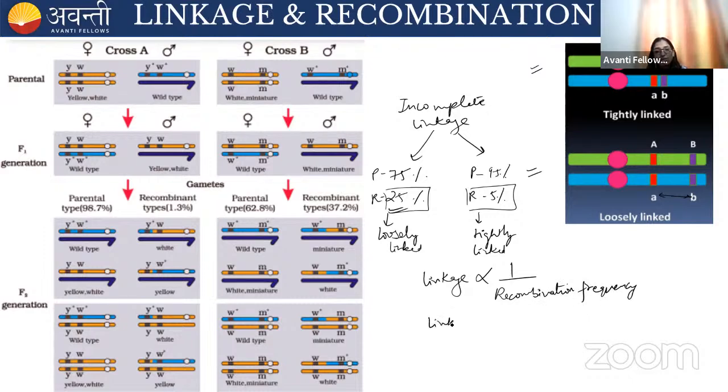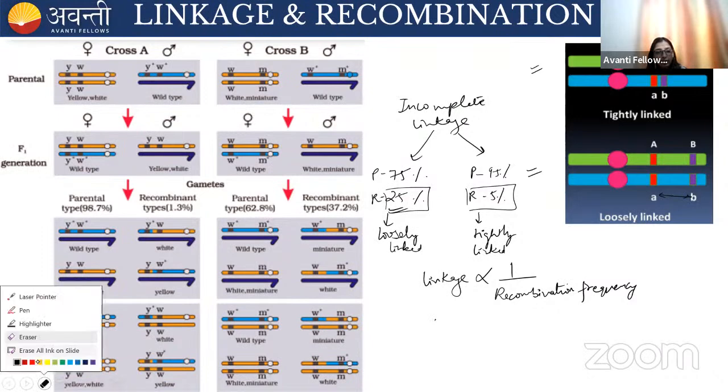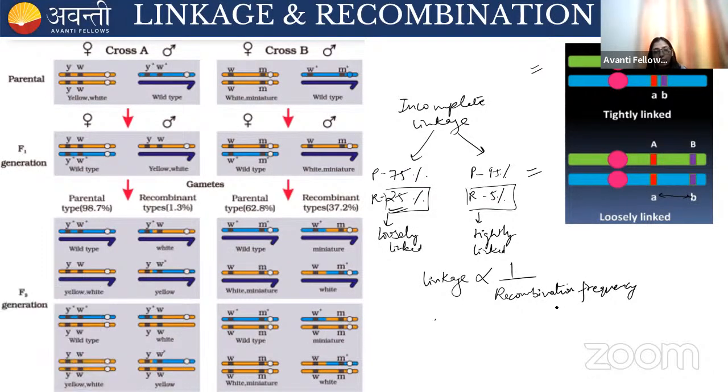And linkage is also inversely proportional to the distance between the genes. So the more the recombination frequency, the less will be the linkage. They are inversely proportional. Okay.